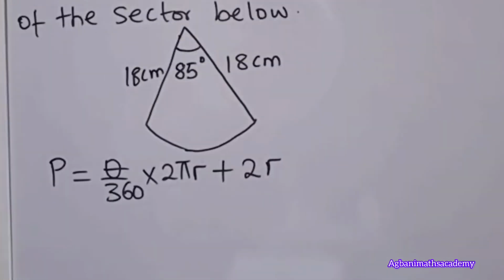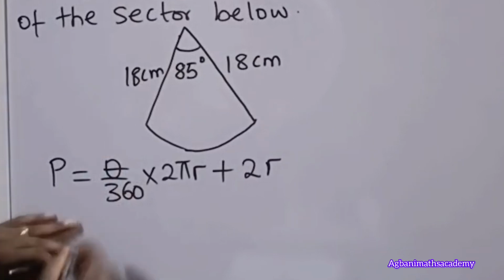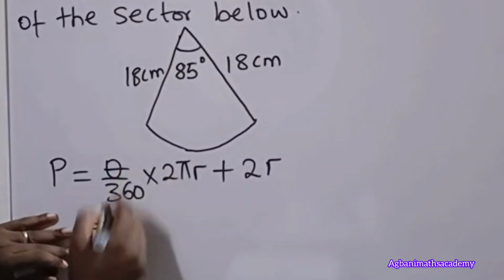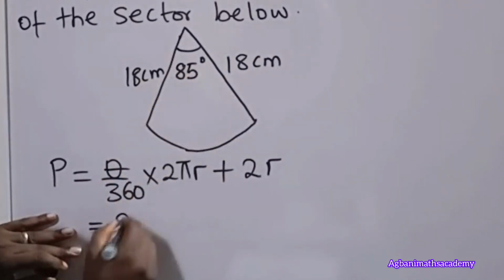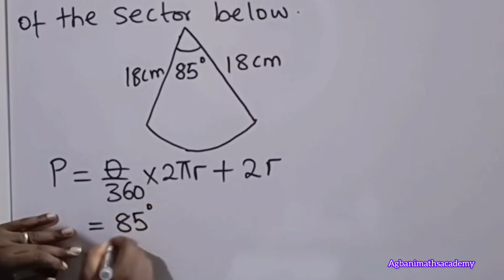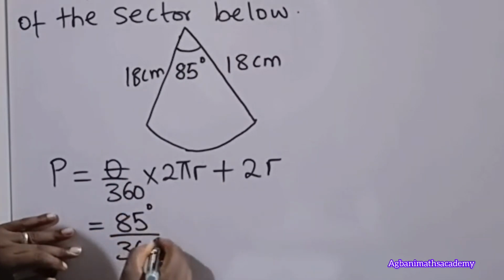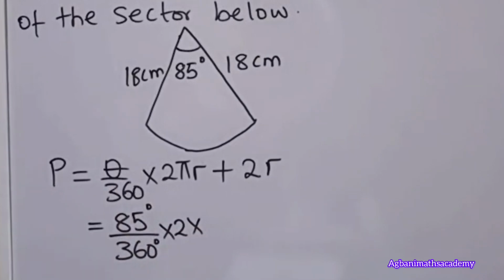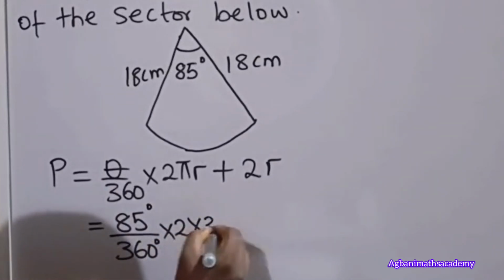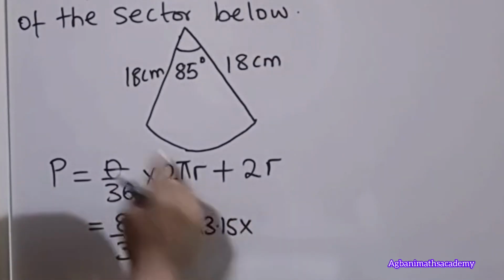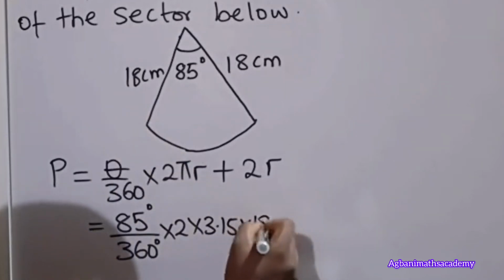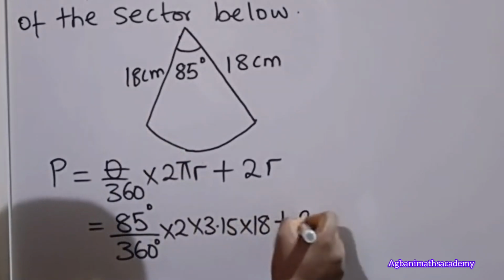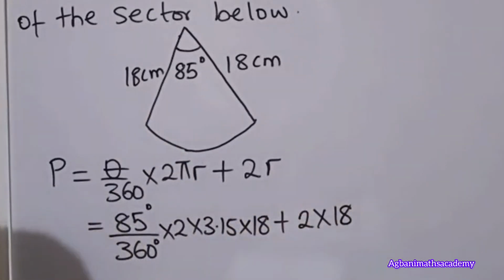The next thing we do is put in the values from the question. Theta is 85 degrees, so 85 degrees over 360 degrees multiplied by 2 times pi, which is a constant 3.14, times the radius, which is 18, plus 2 times 18.